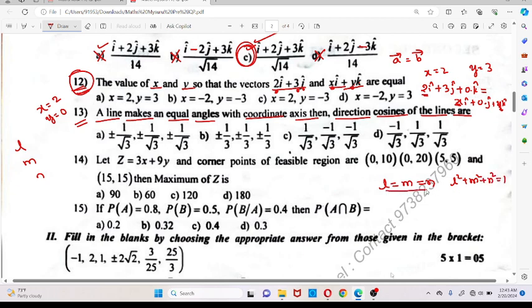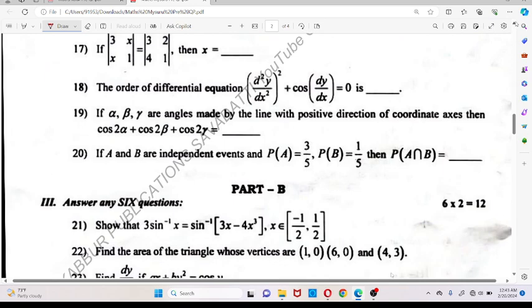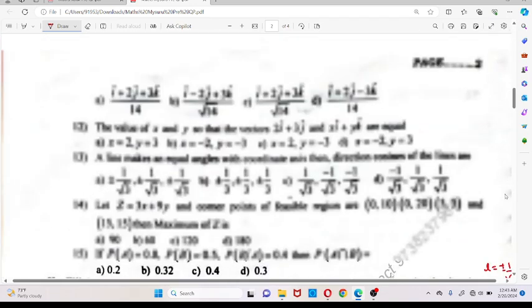Since all these direction cosines are equal, I will get L square plus L square plus L square equal to 1. Directly I will get 3L square equal to 1, or L is equal to plus or minus 1 by root 3.